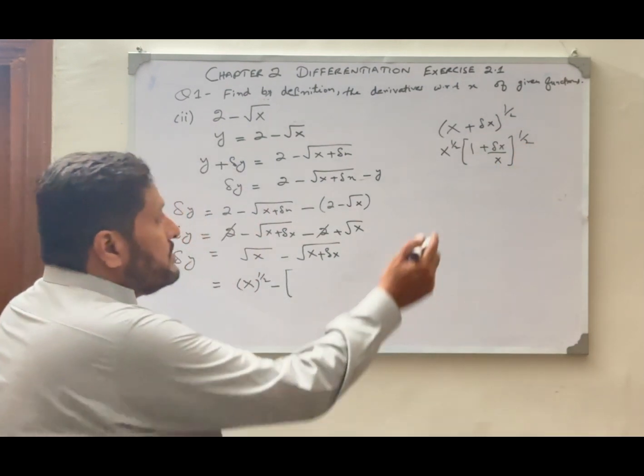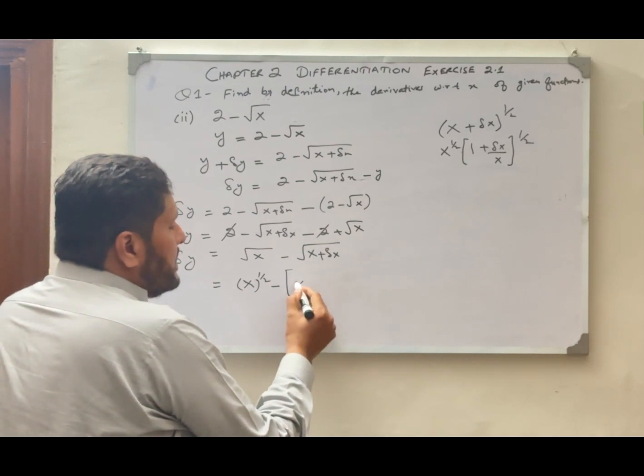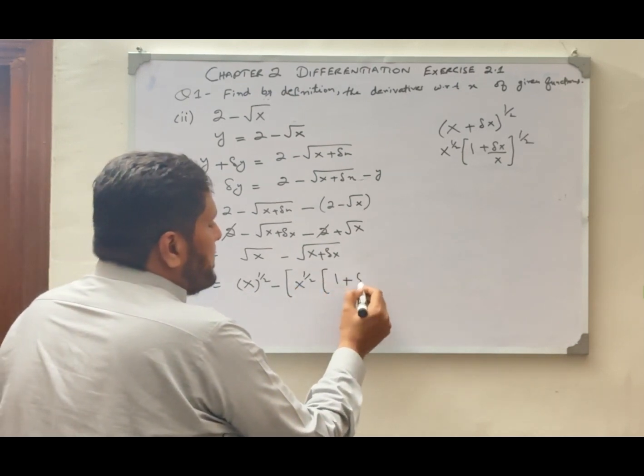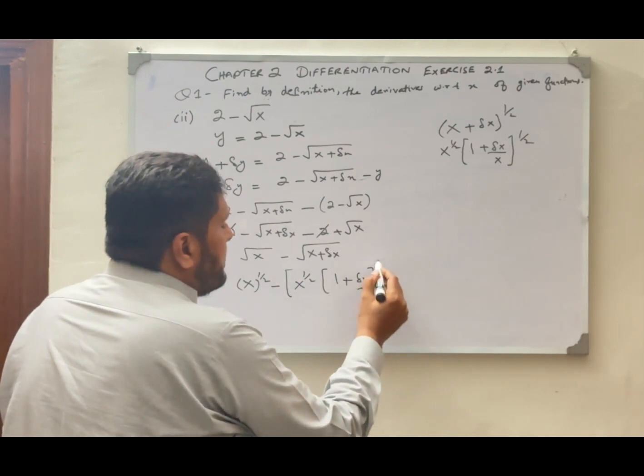So after simplification, we can write it in this way, x power 1 by 2 into 1 plus delta x over x, power 1 by 2.